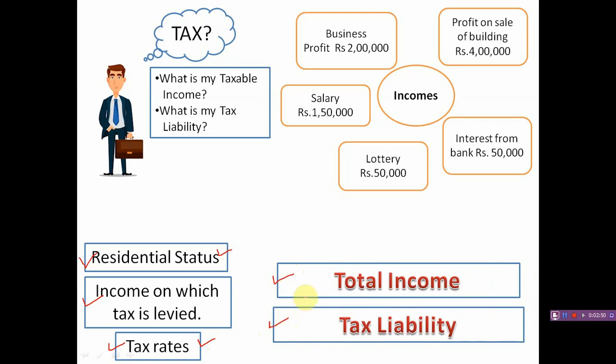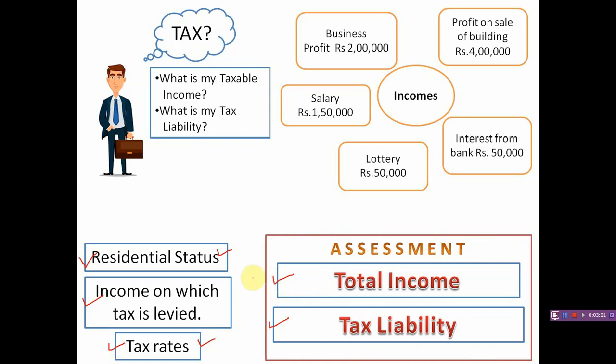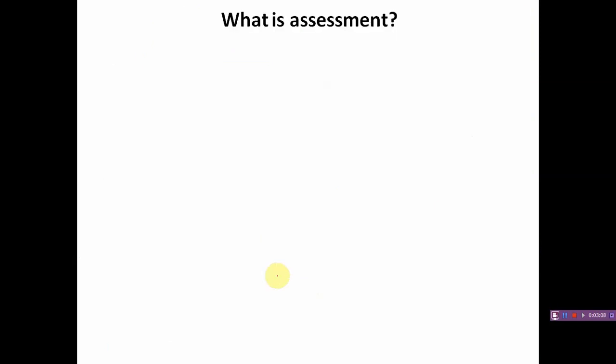So the tax liability can be calculated on the basis of total income and tax rates applicable to an assessee. So assessment here means calculation of total income and tax liability of a person.